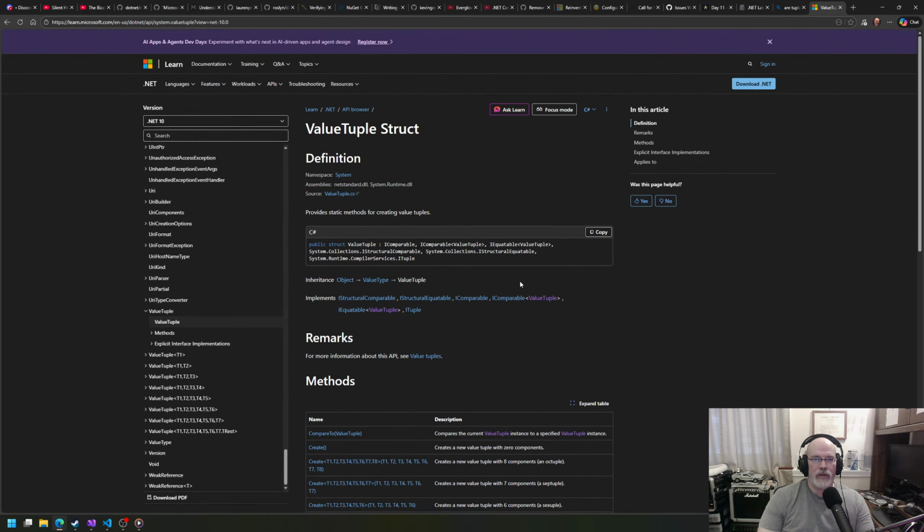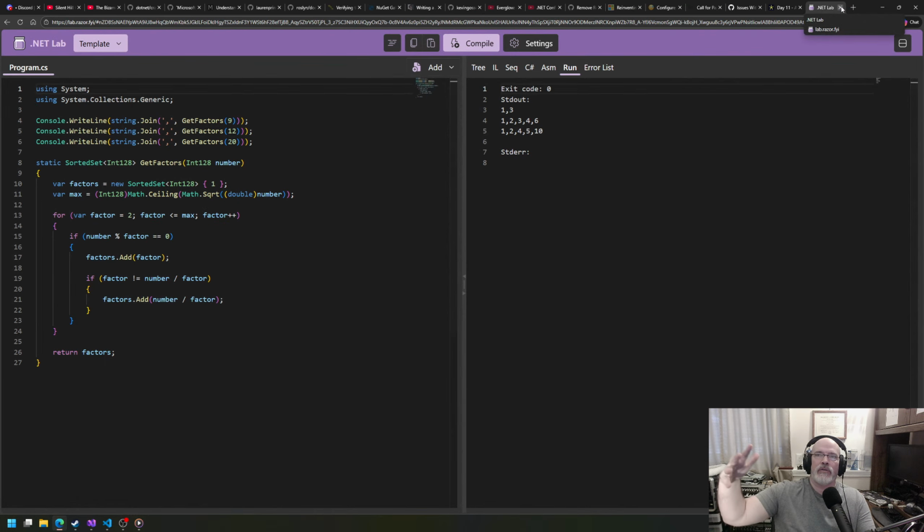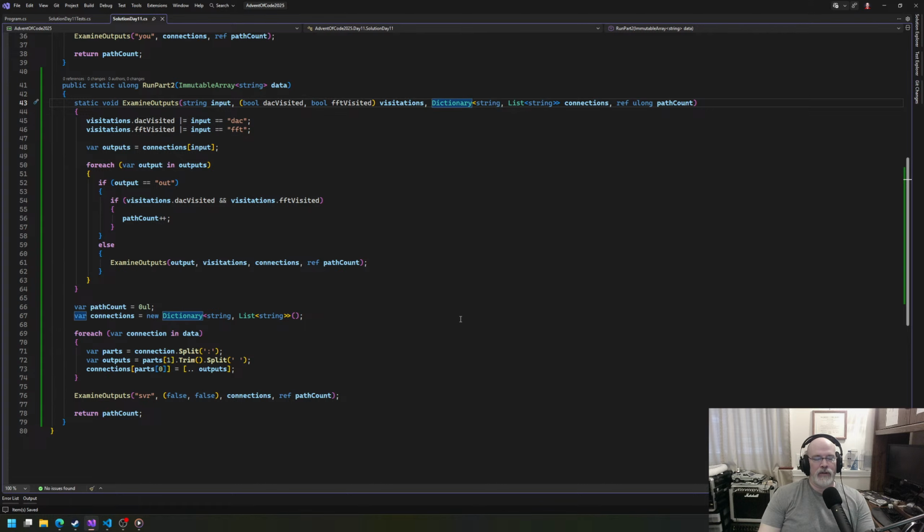Yes, so they will copy every time. I remember they made tuples and then they made the tuple type in C# and they made them value tuples. That's the actual type in the background. Okay, so I think that works the way we want it to. It makes a copy of it, but I think that's kind of what we're looking for.